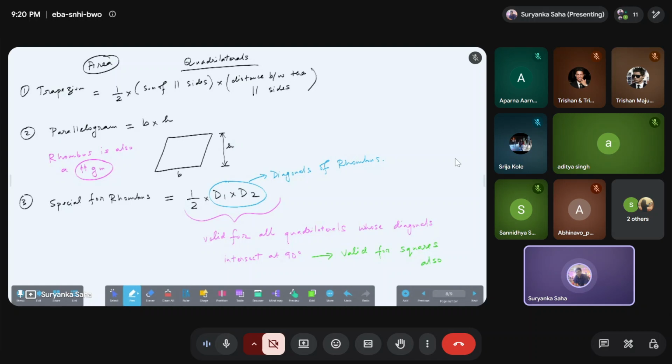Just like the formula of a parallelogram is valid for a rhombus also, in the same way the special formula of a rhombus is valid for squares also, because in squares also the diagonals intersect at 90 degrees, and in a rhombus also the diagonals intersect at 90 degrees. Did you understand?